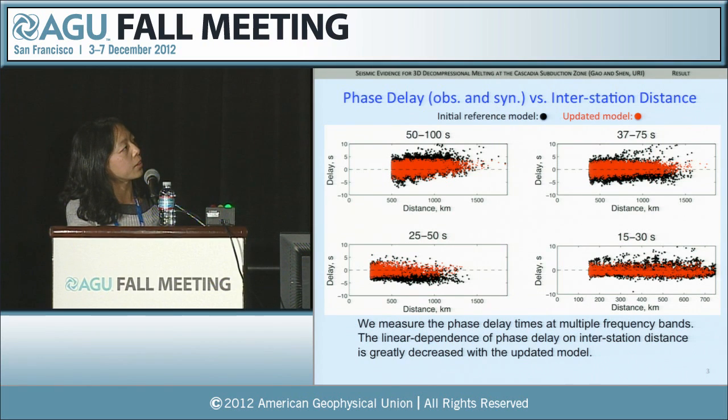You can see at different periods, there is a positive or negative linear trend of the phase delays with station distance. This means the velocity model is either too fast or too slow at that depth range for the real Earth structure. The red dots are from the updated model. You can see the linear trend is better corrected, and the data is less scattered.